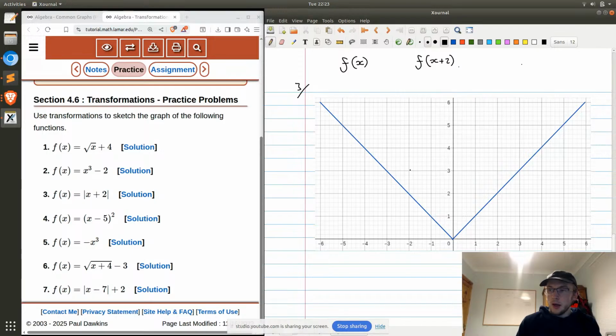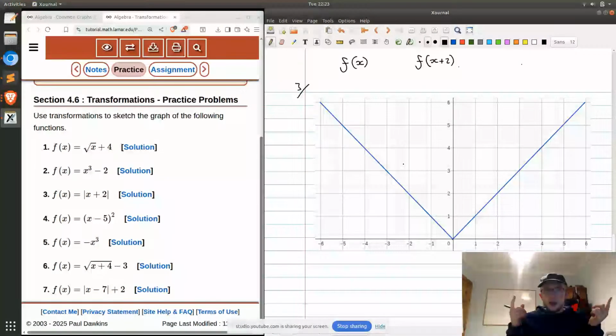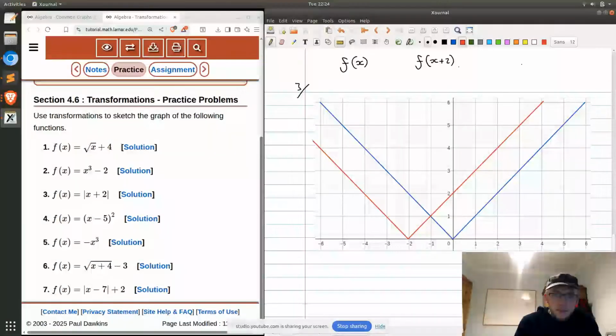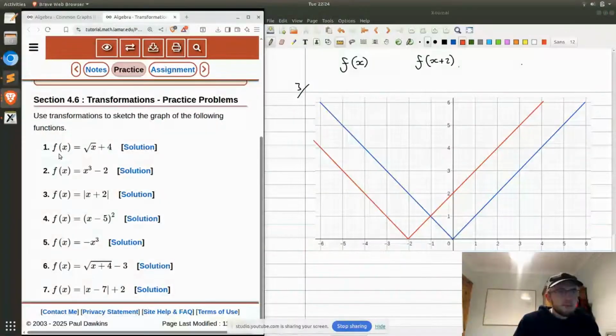And it sounds like the opposite to what you would expect, right? I'm having to go minus 2. I don't think of it in terms of the function moving. I think of it in terms of the background moving. Good, isn't it? So anyway, what does that look like? So it'll look like there. Okay.